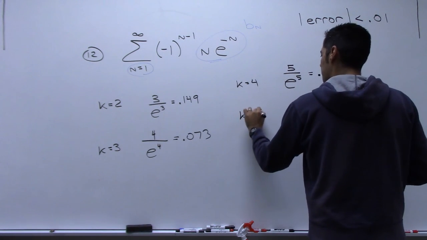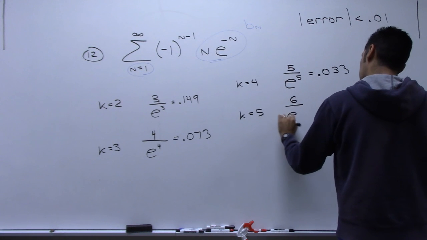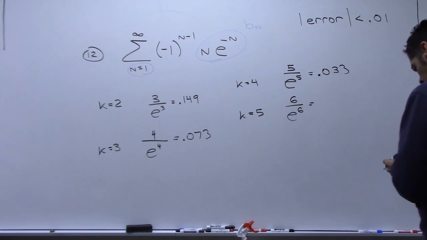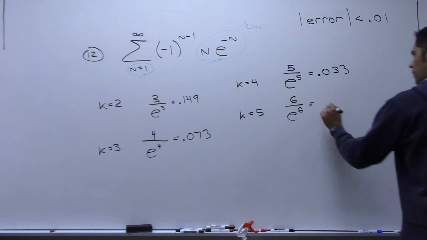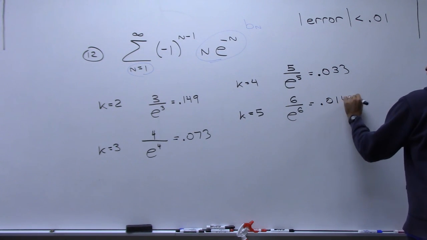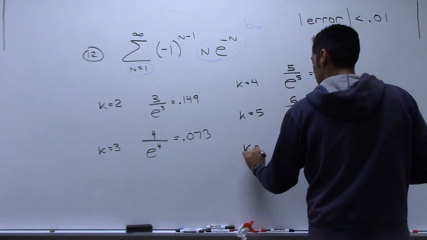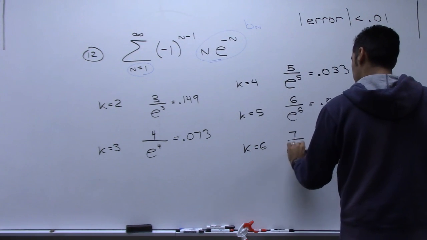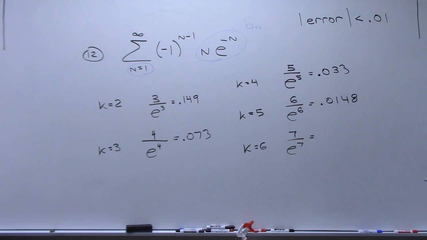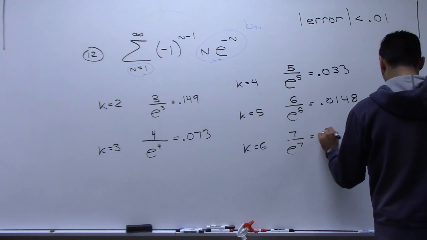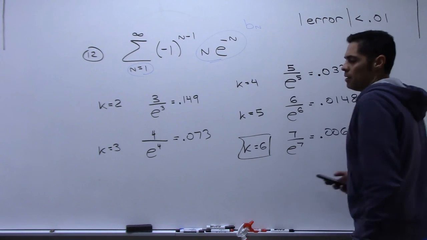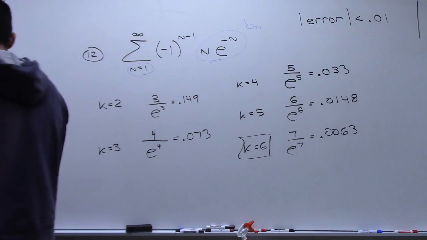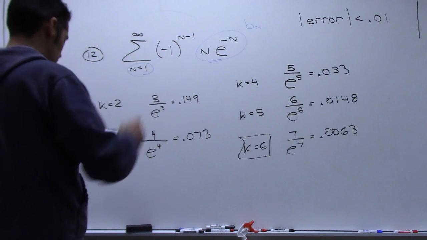K is 5. 6 over e to the 6th. 0.0148, still not big enough. K is 6, it's 7 over e to the 7th. There we go, 0.0063. So it looks like k is 6 will give us the approximation we want within that tolerance.